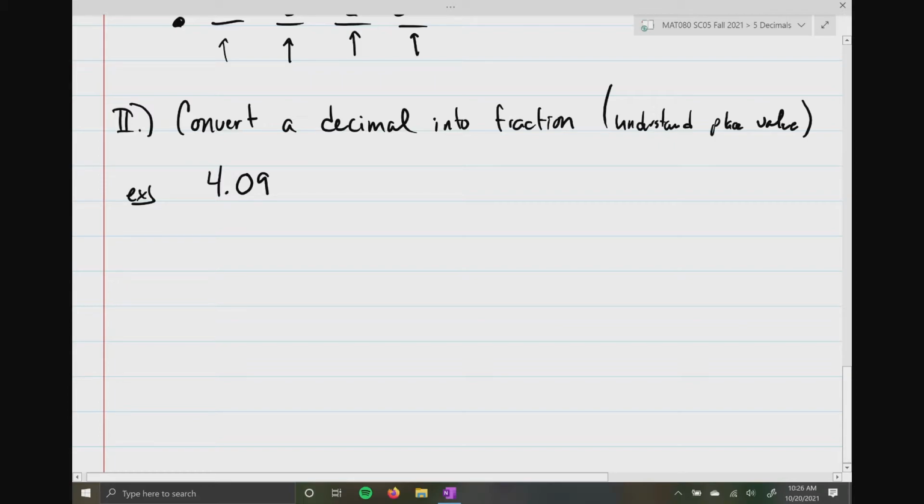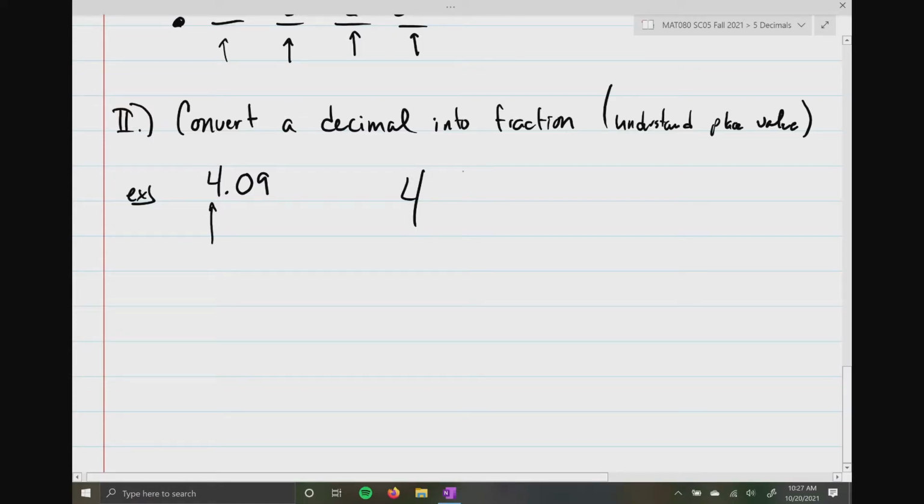So we have 4 and 9 hundredths. Now, think about what I just said. 4 and 9 hundredths. We know the 4 is a whole number, and if we're converting into a fraction, that 4 is going to be the 4 of a mixed number. So that's the whole number. Now you got to worry about the decimal part. But since this is all about understanding place value, that 9 is in the hundredths position.